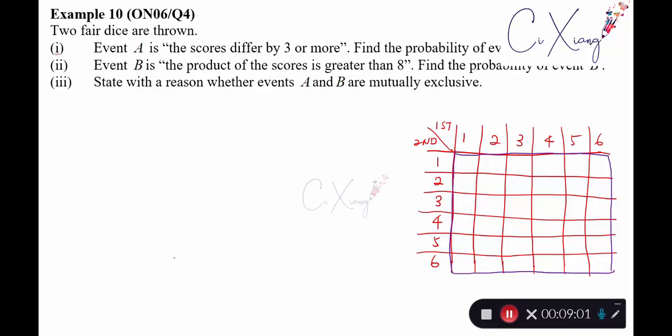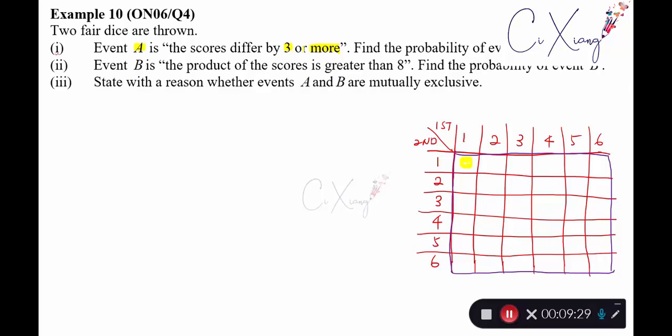Now I will start putting the info into my possibility space diagram by looking at the events. They tell you that event A is the score differ by 3 or more. As an example, if I look at the first one, when you have score 1 and 1, you take 1 minus 1, it is equal to 0.